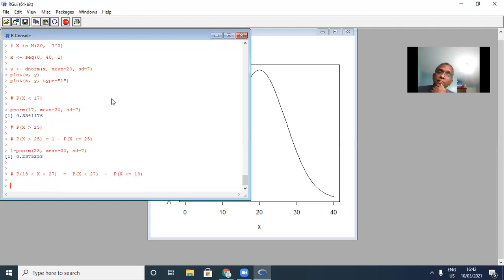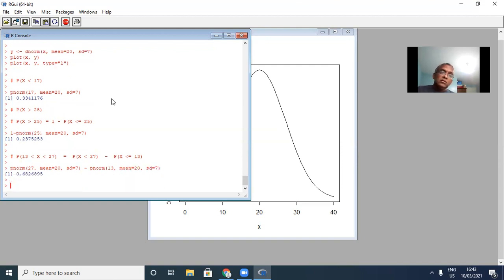The first probability on the right-hand side can be written as this, and the second probability on the right-hand side can be written as this. So you will get this. The answer is 0.6826, etc.